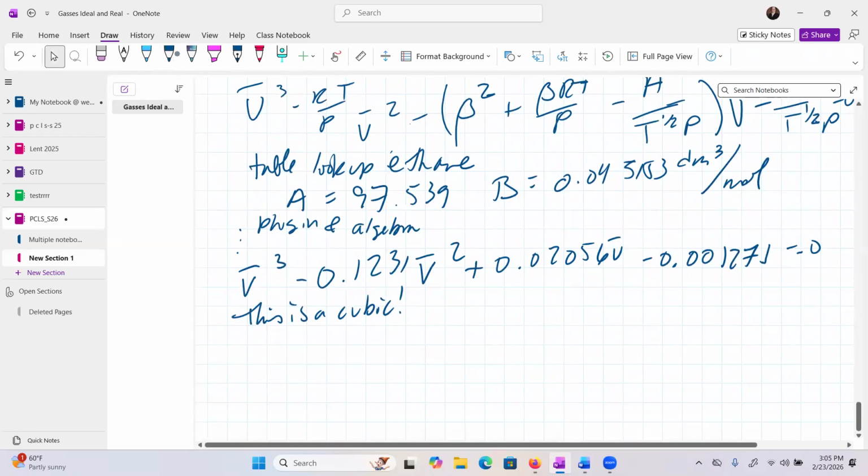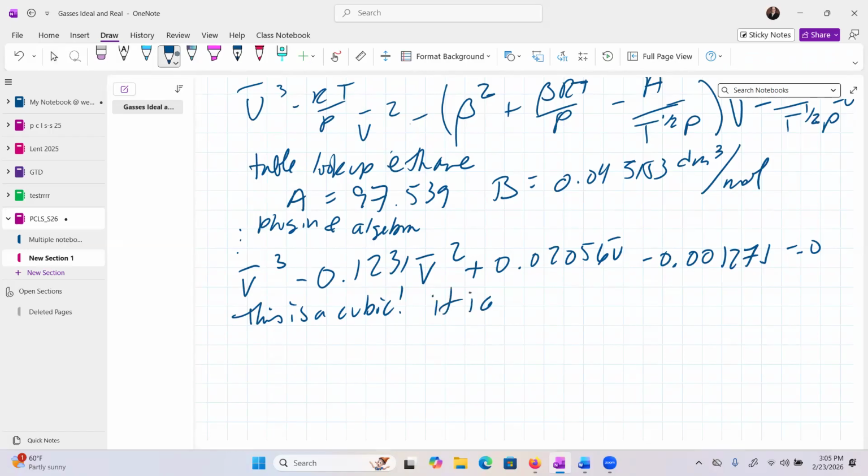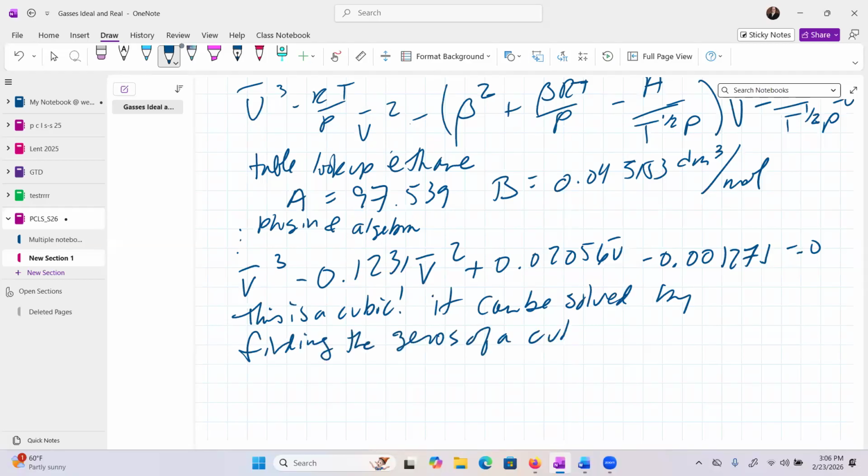So you can solve it algebraically if you wish, or it can be solved by finding the zeros of the cubic.